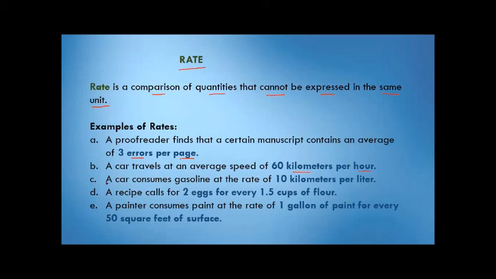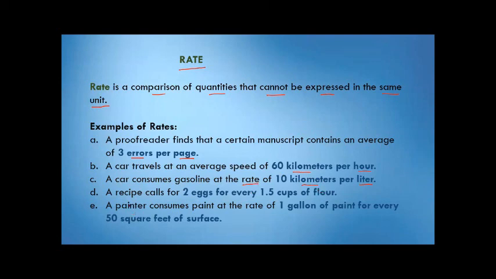Okay? Next, letter C. A car consumes gasoline at the rate of 10 kilometers per liter. So again, so kilometers and liter, so mag-ibang quantity pero hindi pwedeng gawa ng same unit. Kaya binanggit na rin dyan, that is rate.